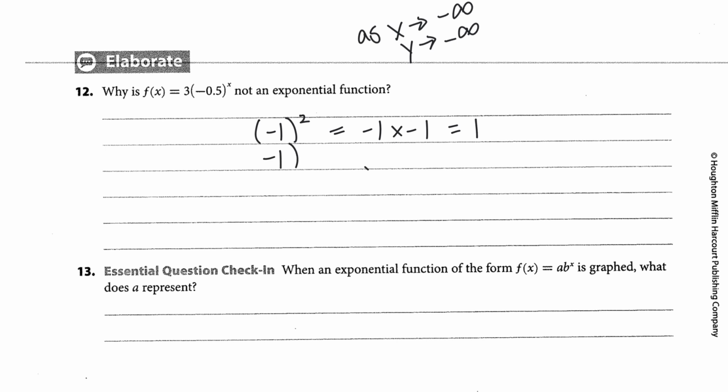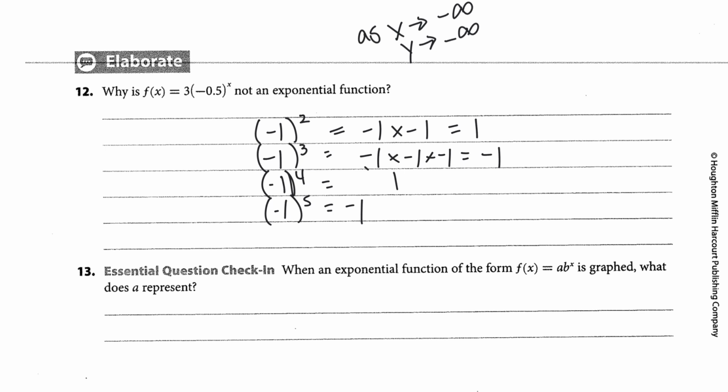But if I did -1 to the third power, -1 times -1 times -1 would be -1. And then if I did -1 to the fourth power, that would give me +1. -1 to the fifth power would be -1. So we're bouncing back and forth instead of creating a smooth curve.